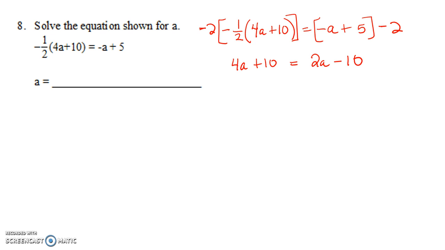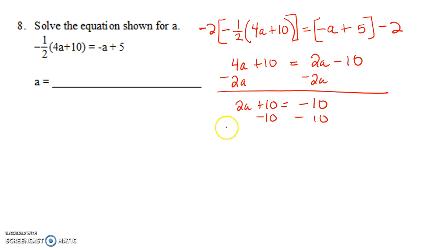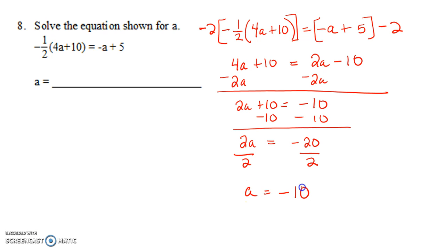So now I'm going to combine like terms. I'm going to bring my smaller number to my bigger number. I have 2a plus 10 equals -10. Then I'm also going to subtract 10 here. Divided by 2, a is equal to -10. You want to check?